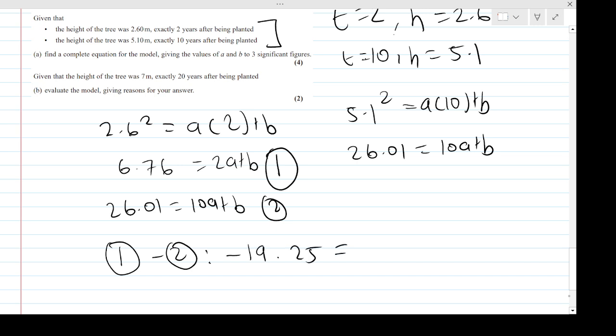And that's going to equal 2a take away 10a, which is minus 8a, and b take away b is 0, so the b's cancel. In this case I can just take them away as it is, because the b's are matching, the coefficient is 1 on both of them, so I don't need to scale. Then I've got an equation for a, so I can solve for a by dividing by minus 8, so minus 19.25 over minus 8.